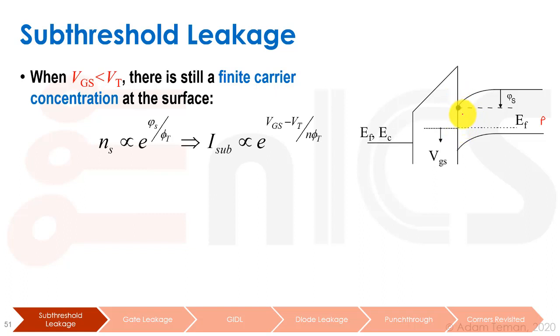These are, of course, the minority carriers, and it's a p-type implant here in the channel, so there's very few carriers, but there are carriers. And if there are carriers and we have a voltage drop across the drain and source, then these carriers can actually run through, and that is our leakage.